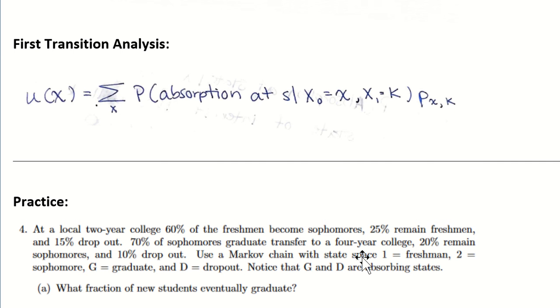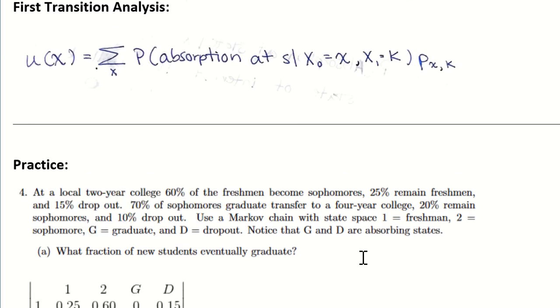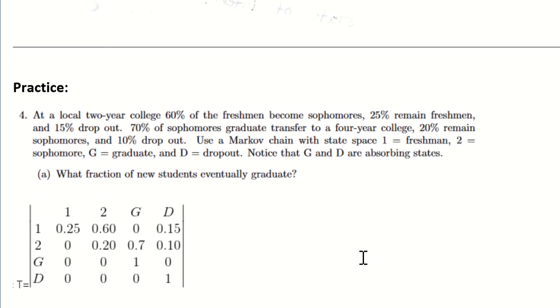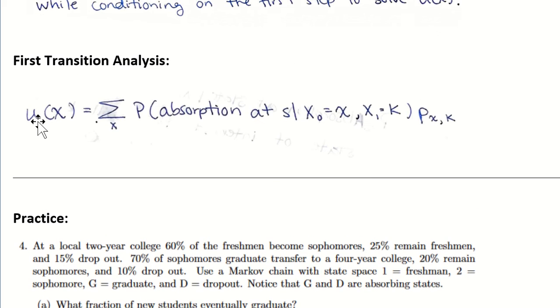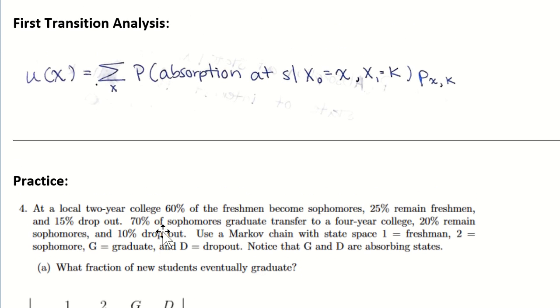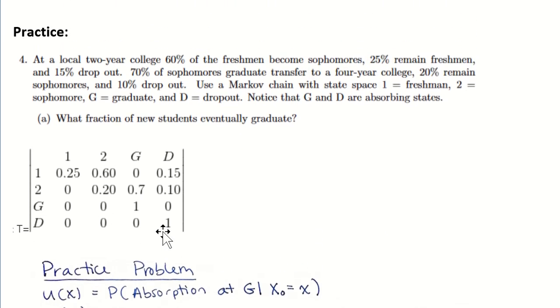The first thing we should do is build the transition matrix for this problem. This is what the transition matrix looks like. Next, we can use our formula that we came up with up here to find u of 1 for absorption at G. So we define u of x as the probability of absorption at G given x0 is equal to x.